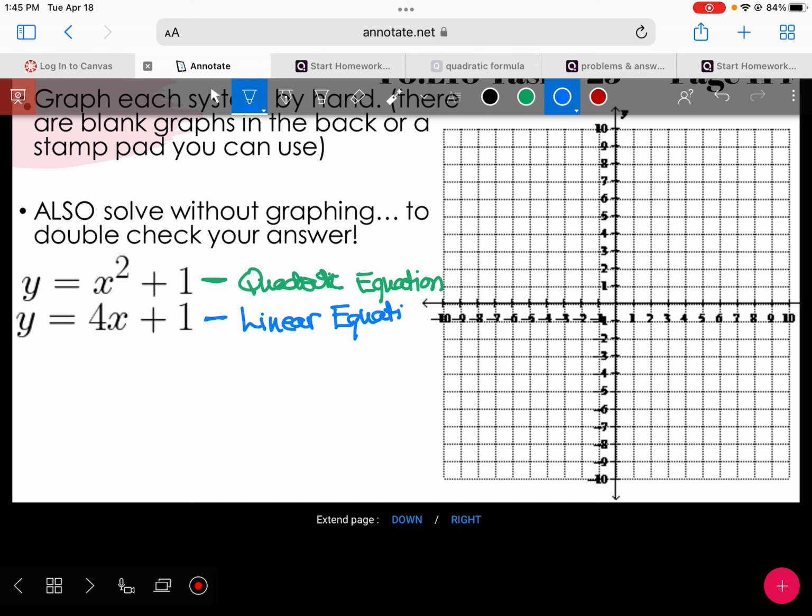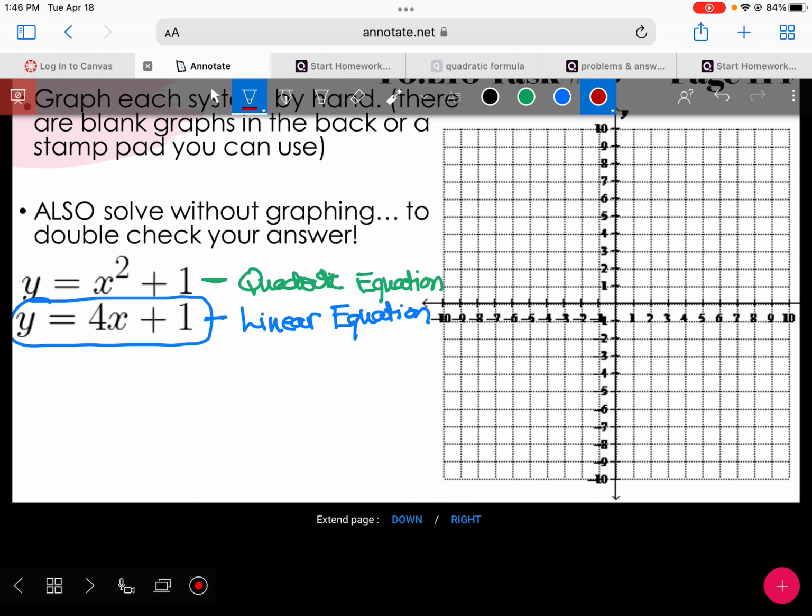Okay? So we are going to be graphing both of these. Let's start with the linear one. 4x plus 1. Now, try to remember, because I know it's been a while, what form do we want to have a linear equation in so we can graph it?